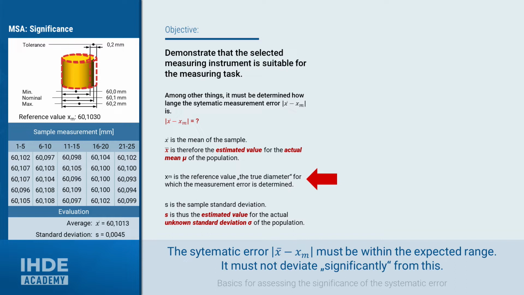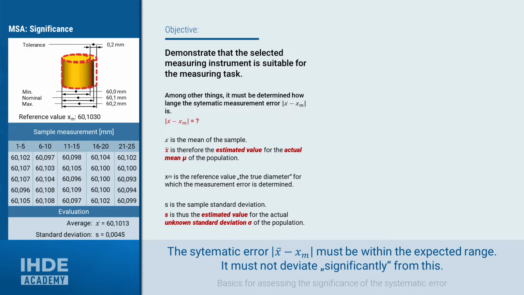This reference value is obtained, for example, by measuring the characteristic to be checked with a measuring instrument with a significantly higher measuring accuracy. Small s is the standard deviation of the 25 values in the table.